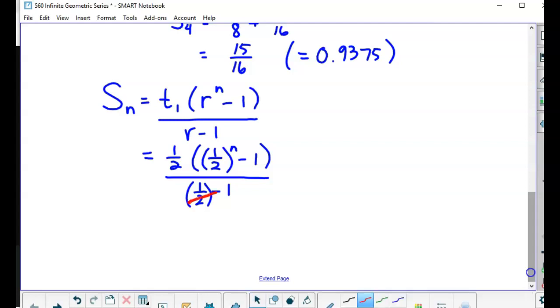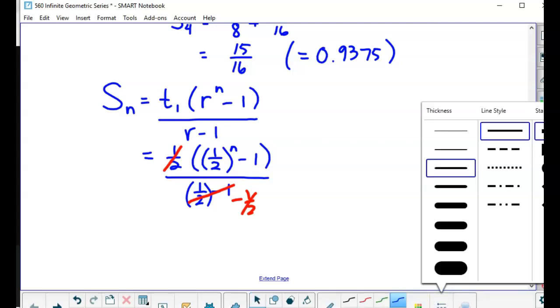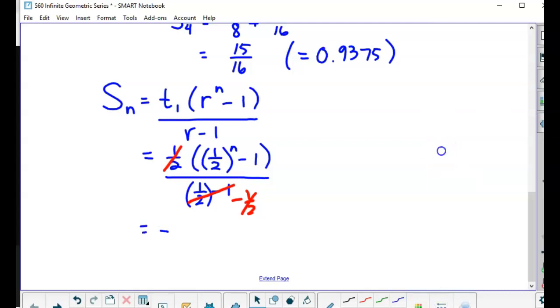So this will be negative 1/2, so those will divide out. We get that expression, right? If you expand that out, that's 1 minus 1/2 to the n.